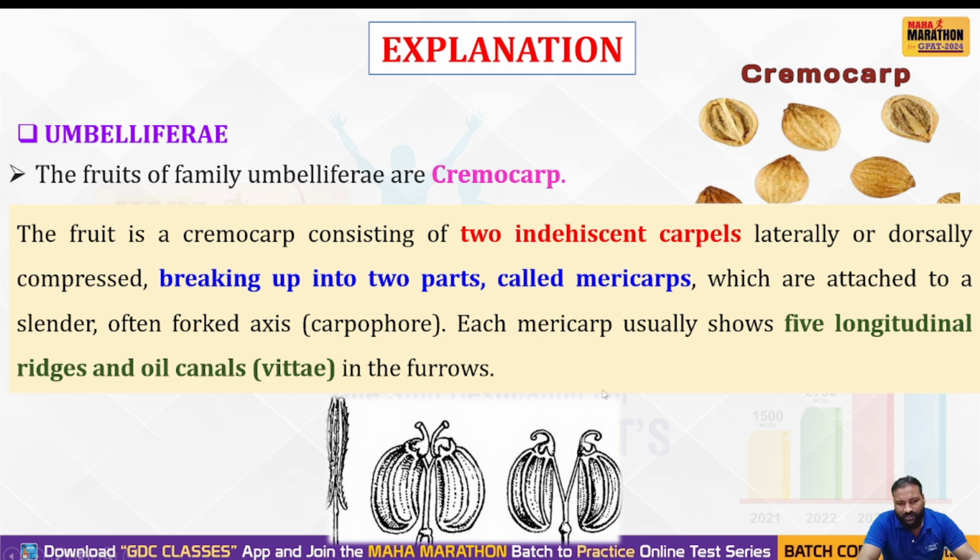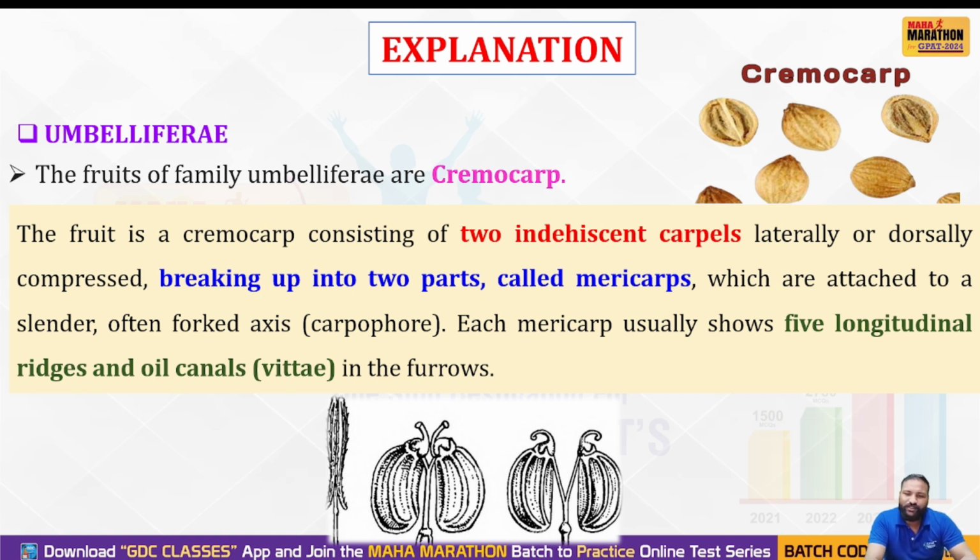So in this structure, the two indehiscent carpels, one is dorsally or laterally compressed. We know dhania, right? That is coriander. The outermost ridges are considered part of the cremocarp. Clear?